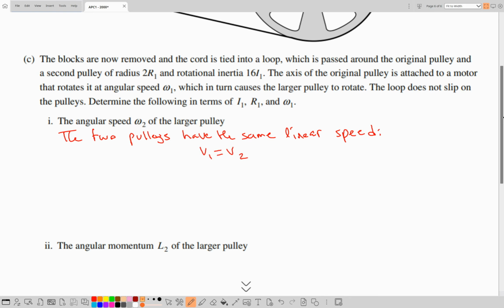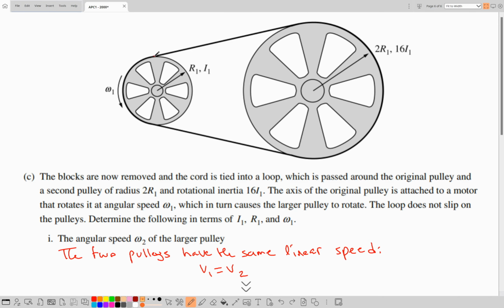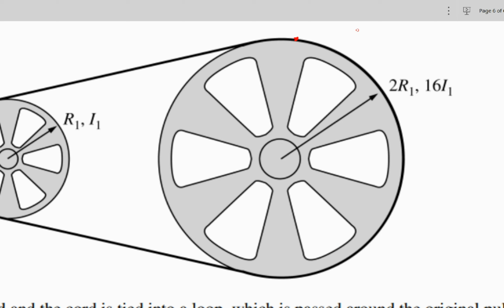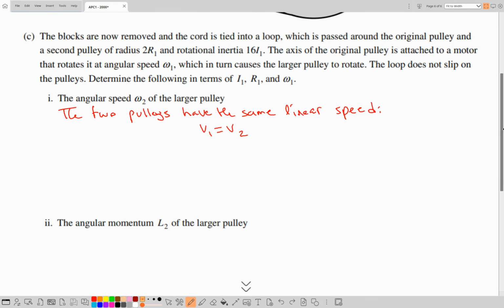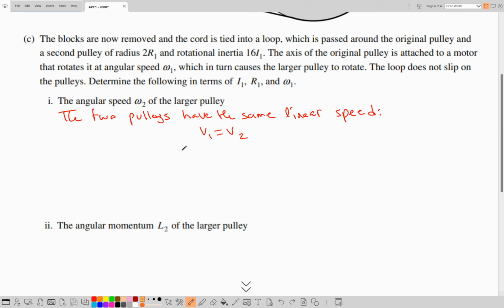What does v1 represent? It's the linear speed along the rim of the pulley, and v2 represents the linear speed at the rim of pulley 2. So that would be R1 omega 1 is equal to R2 omega 2, and we're interested in determining omega 2.